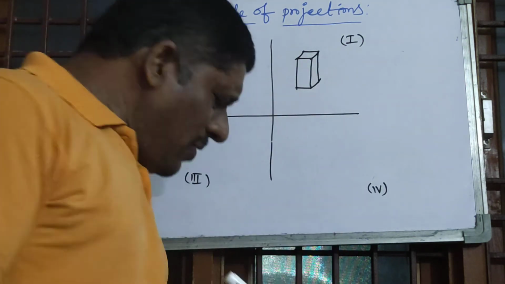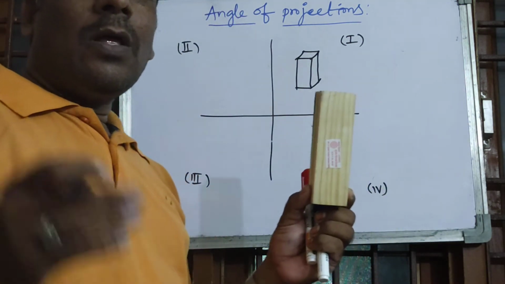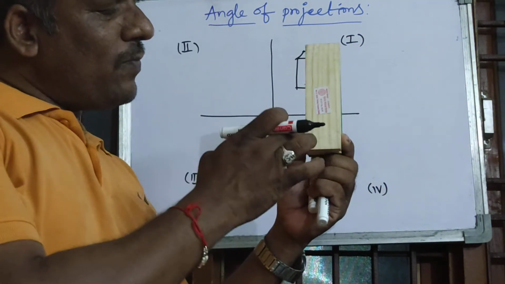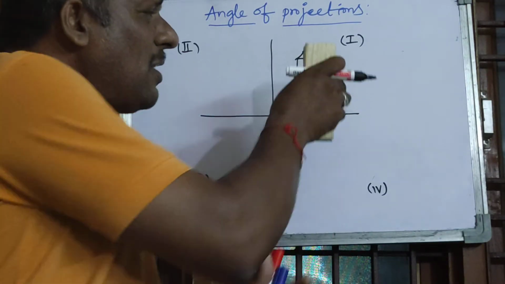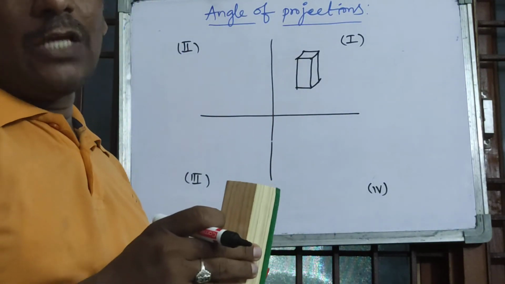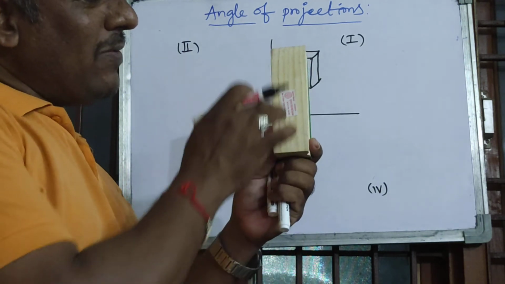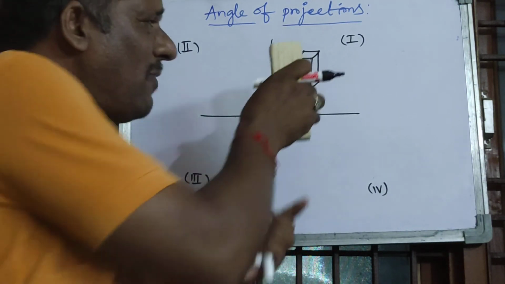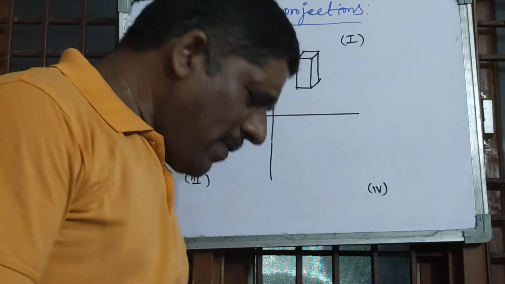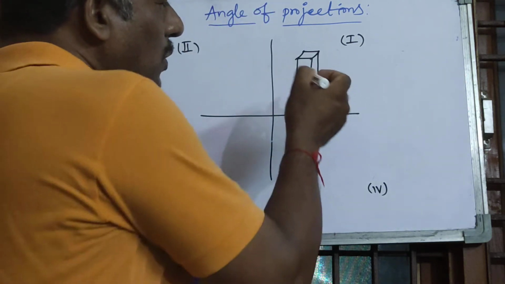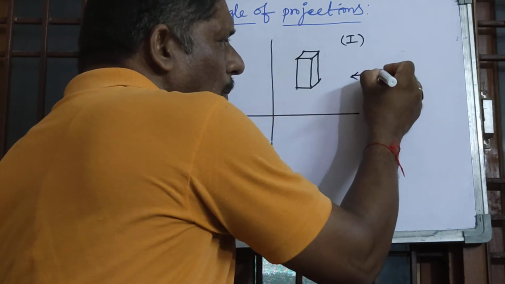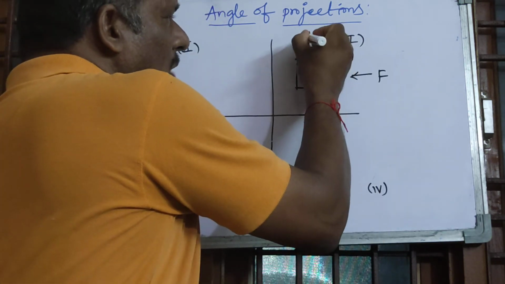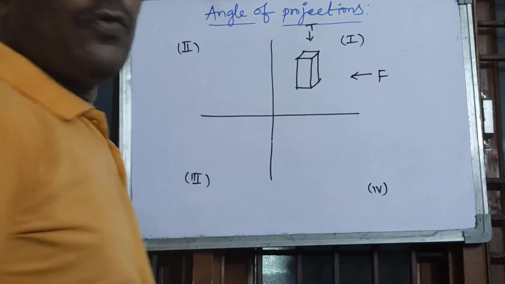Suppose you are observing the front view. If you observe the front view, this front shape is visible, and it falls on the vertical plane that we discussed in the last video. We are assuming that from here it is the front view, and if you observe from the top, it is the top view.